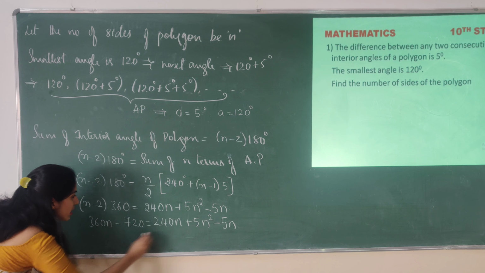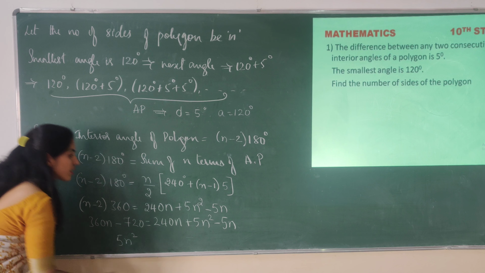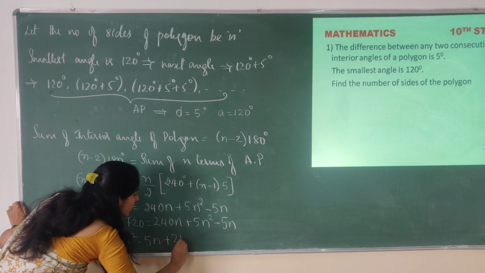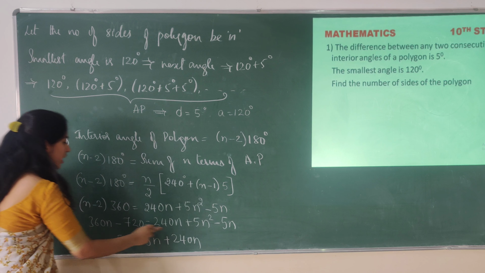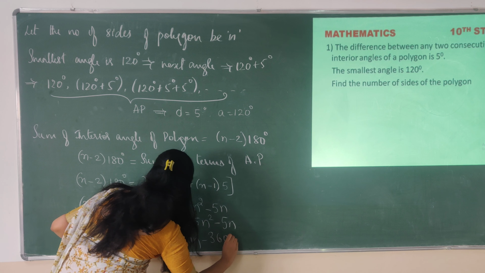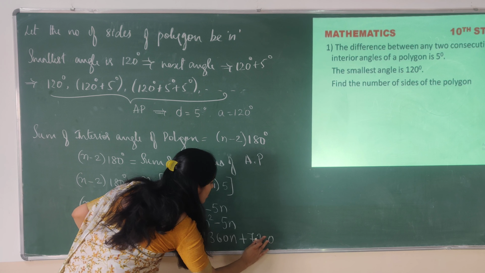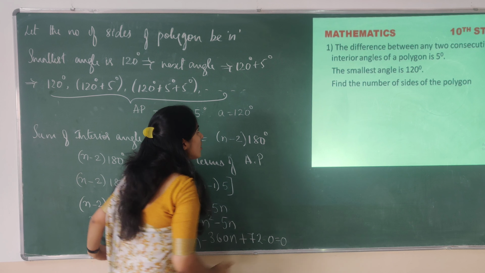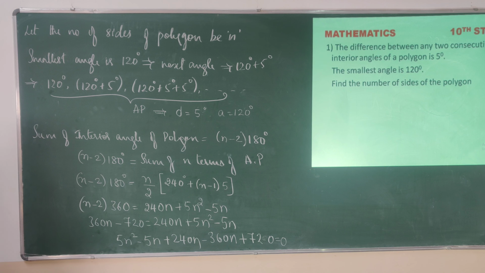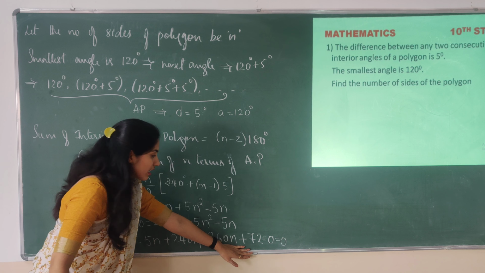I will shift these terms to that side: 5n square minus 5n plus 240n minus 360n plus 720 is equal to 0. Now I will try to simplify this quadratic equation.